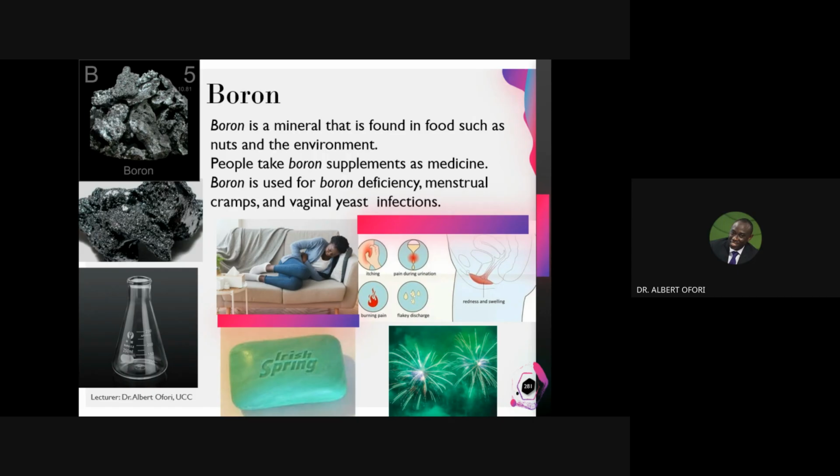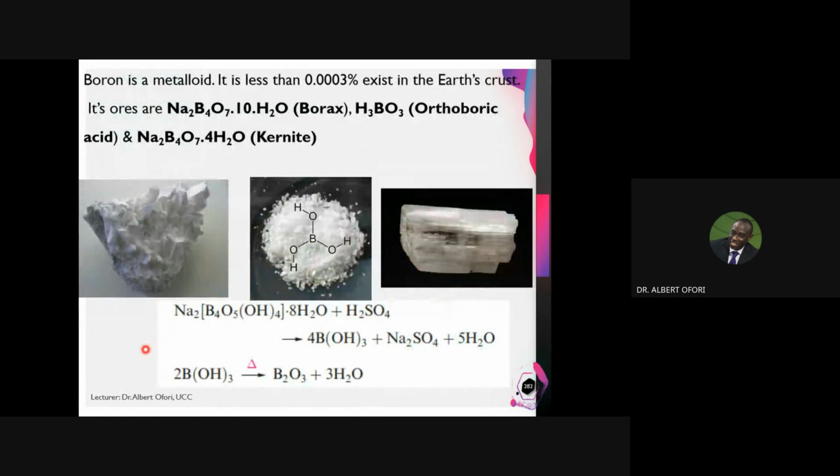In terms of making glasses strong, we add boron to sodium calcium oxides and silicon oxide to make what you call borax glasses, or Pyrex, the strong glasses which can survive high temperatures. The ore of boron is borax, a sodium boron oxide.